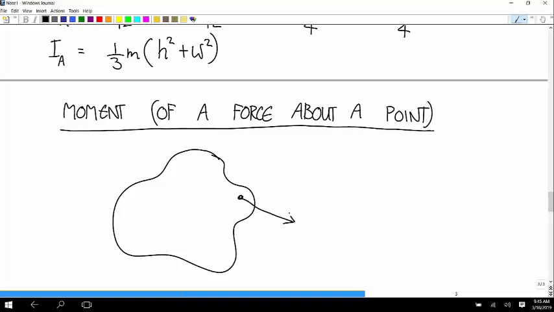So let's say this is the force F applied at this point that I'm going to call P. And let's say this is the about point, A. Then define this new vector rho that goes from the about point to where the force is applied. That's the rho vector, Greek letter rho.